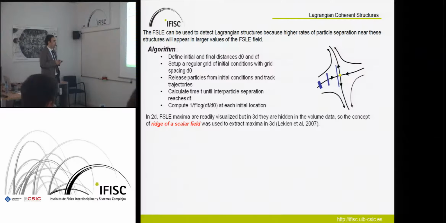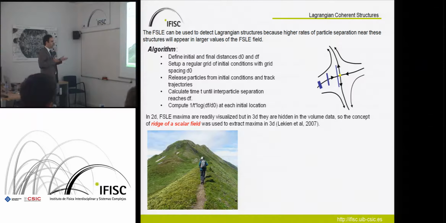So to extract the maxima, we use the concept of the ridge of a scalar field. So what is a ridge? A ridge is simply a place where if you go along the ridge, you go up and down, but if you move sideways to the ridge, you will necessarily go down.